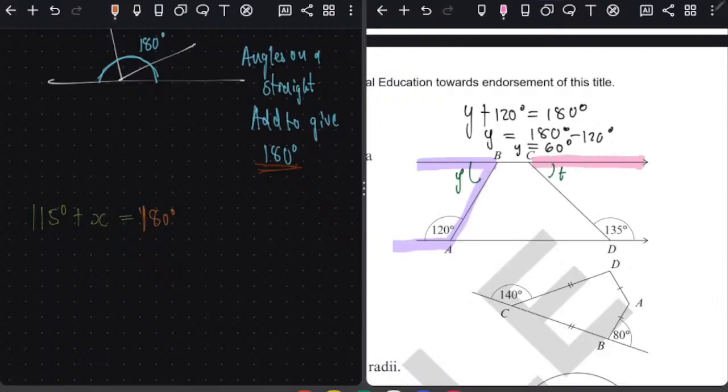So yes, there's your U on parallel lines. So what happens? Good. T plus 135 degrees is equal to 180. Which means T is equal to 180 degrees minus 135 degrees. Then you can get it as 45. Well done.